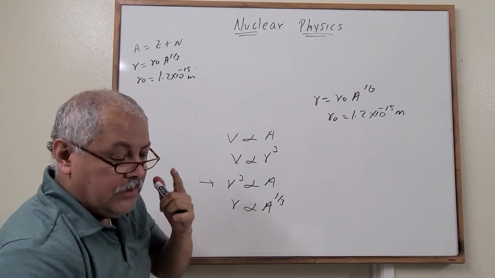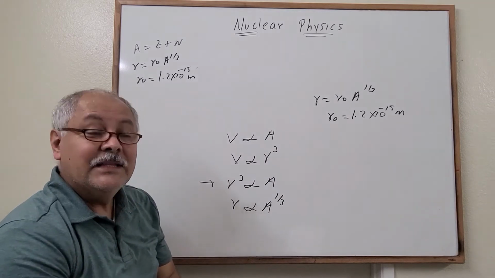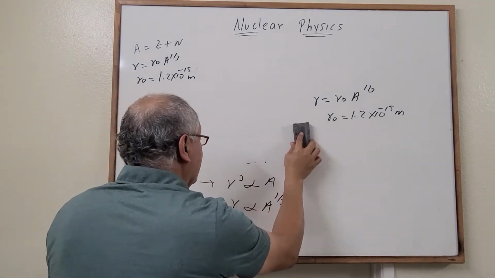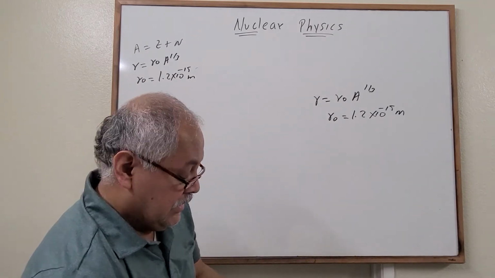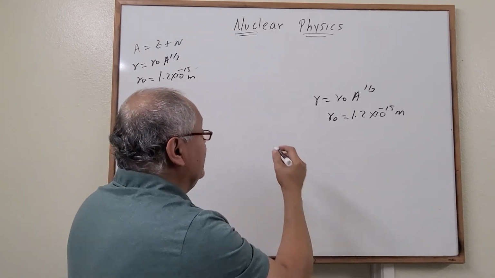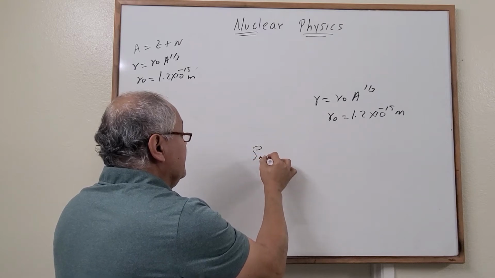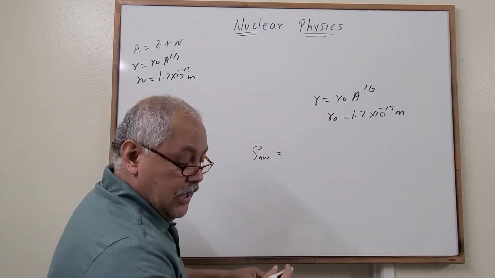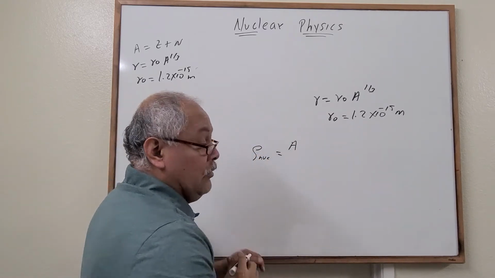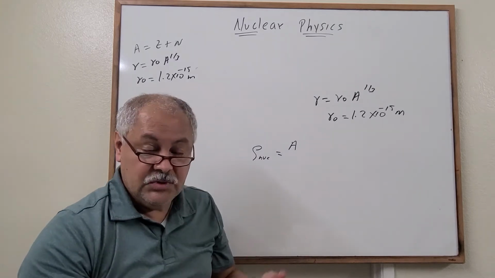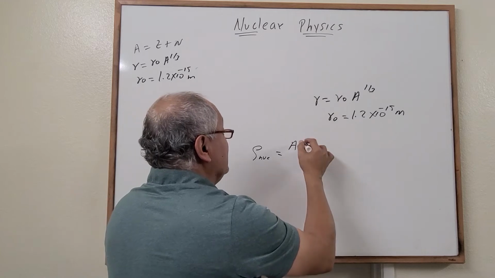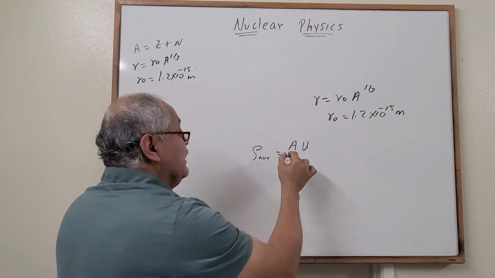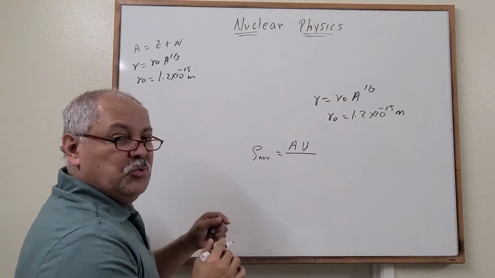Now for example, let's calculate the density of the nucleus. The density of the nucleus is going to be the number of particles in the nucleus, which is protons and neutrons, times the atomic mass unit, divided by... how do we define density?